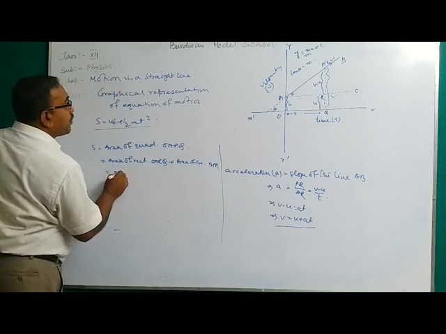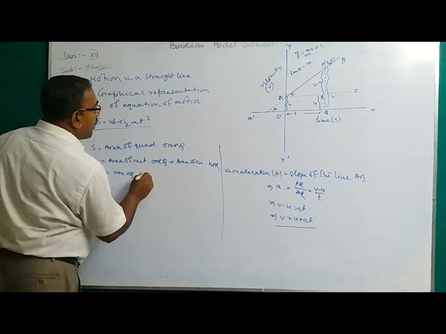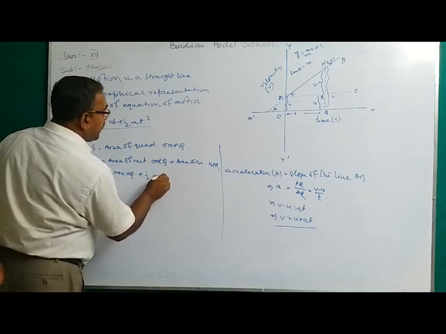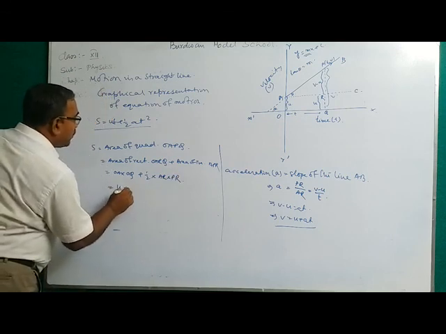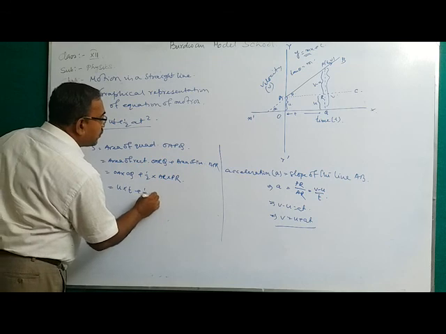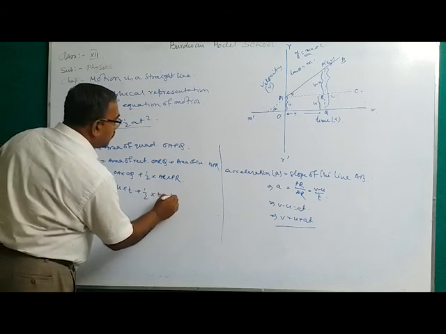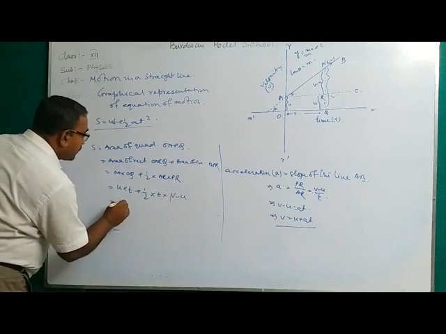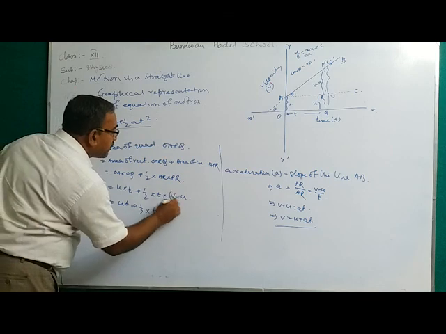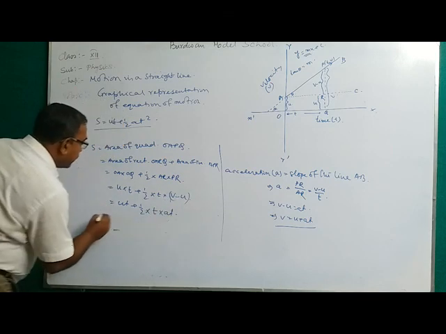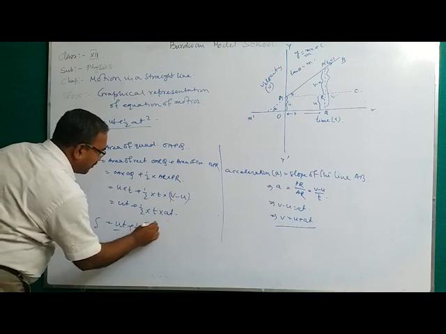Area of rectangle means OA into OQ, plus half into base into height, AR into PR. OA equal to u into t, plus half into AR means t, into PR means v minus u. So ut plus half t into (v minus u), equal to at. That gives s equal to ut plus half at square.